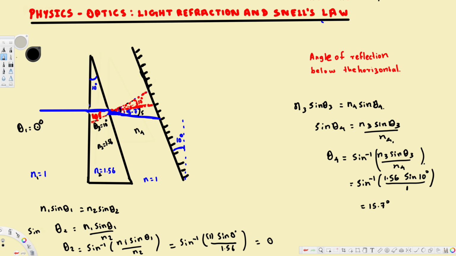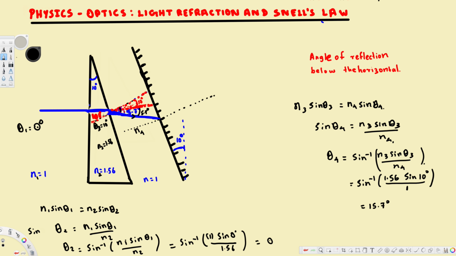Okay, this is 5.7 degree, and after it hit this mirror, we have to know what is the angle of incidence right here. To find this one, what we can do is draw the normal to this mirror. Normal to the mirror is going to be 90 degree with the mirror, so that's going to be like this.